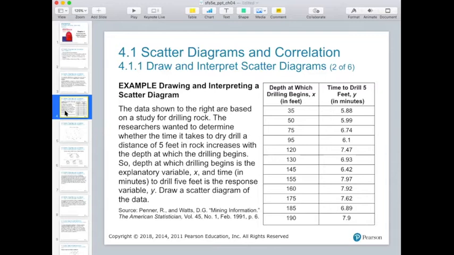Looking at the data that we have here, we're looking at the depth where we begin drilling. So you guys type that in, and then we'll continue from there. Okay, so we're looking at how long it takes us to drill.